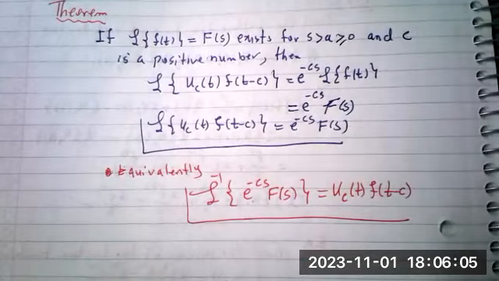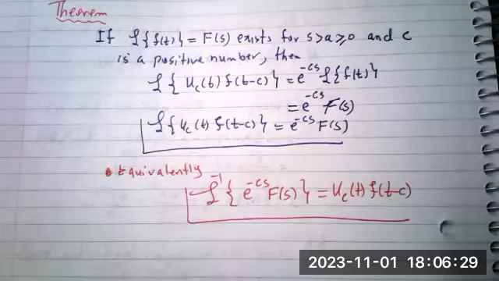T minus c means you shift it to the right, in this case. And so if you shift it to the right, we have this formula. The Laplace of u_c(t) f(t minus c) would be e to the negative cs F(s). And so this e to the negative cs is going to be related to this u_c(t) that you have.